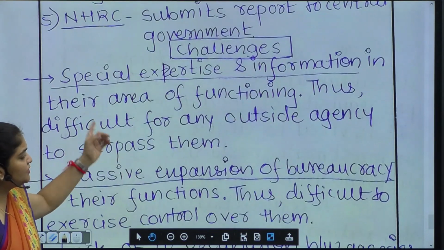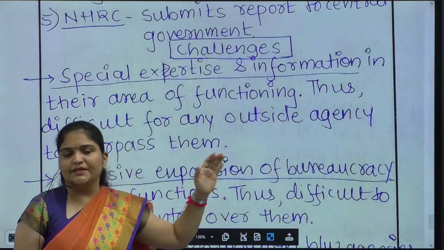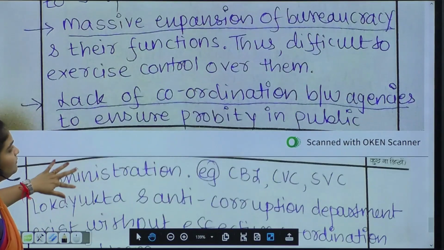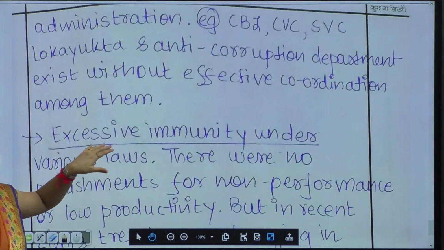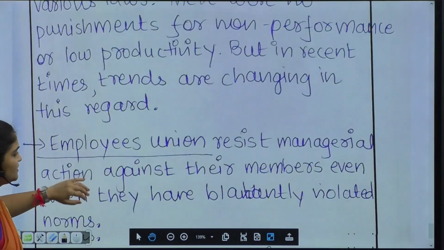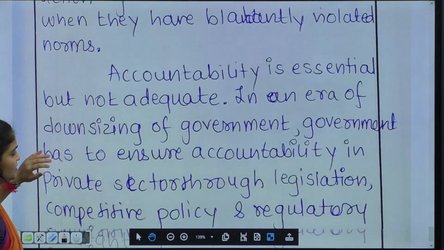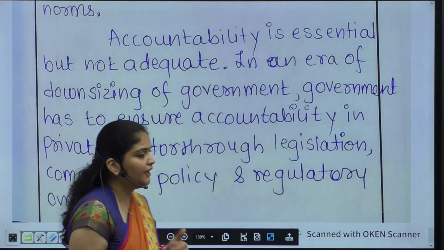What are the challenges in ensuring accountability? They have special expertise and information, massive expansion of bureaucracy, lack of coordination between agencies, excessive immunity under various laws, employees' unions, managerial action. So thus, ensuring accountability is a very difficult idea.